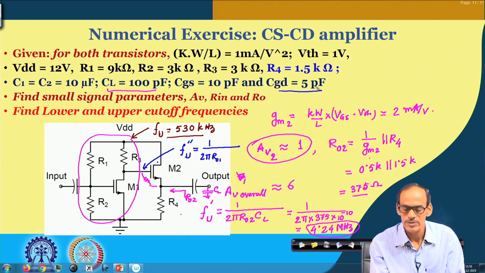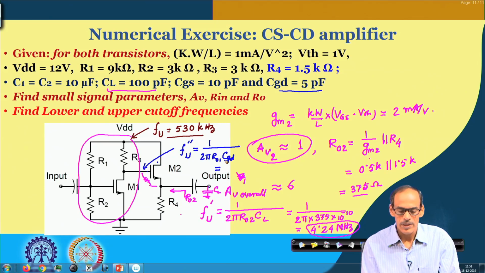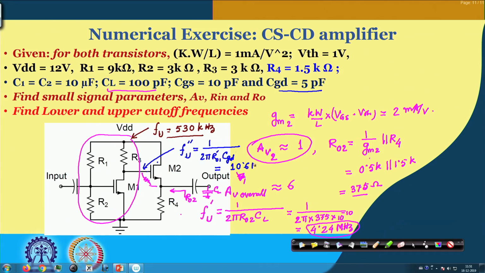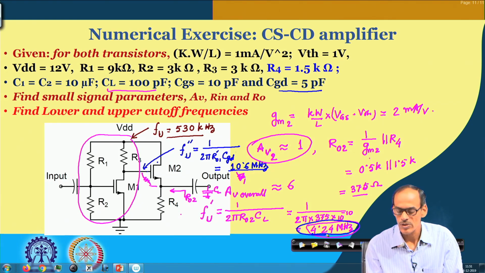Cgd is 5 picofarad, and since this is 3 kilo and this is 5 pico, earlier we made this calculation and it was 10.6 megahertz.